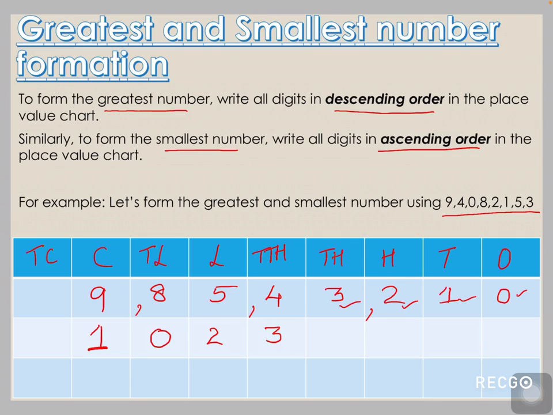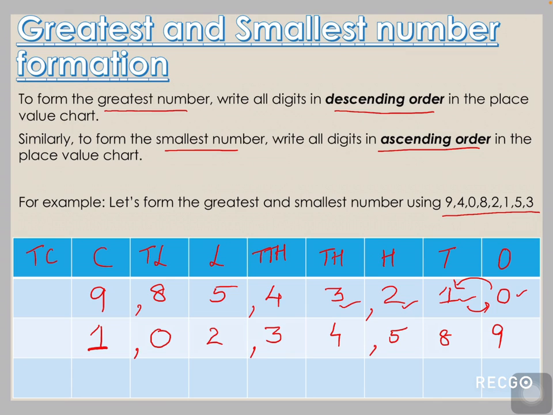So we didn't write 0 first, we wrote 1 first and then 0. Now for the rest, I will write 4, then 5, 8 and 9. It is in ascending order from smaller to greater, right? Let's place the commas.